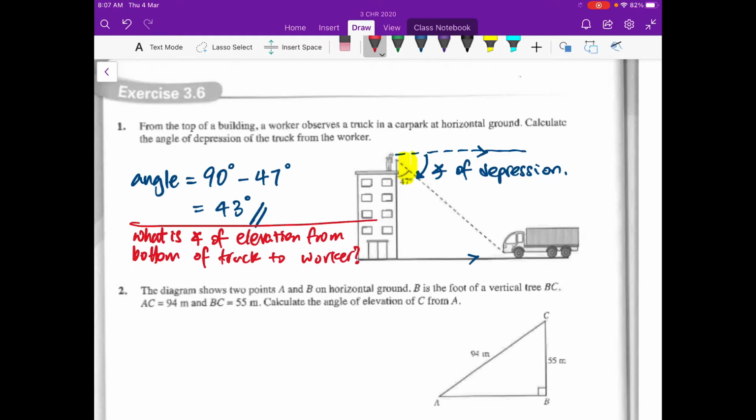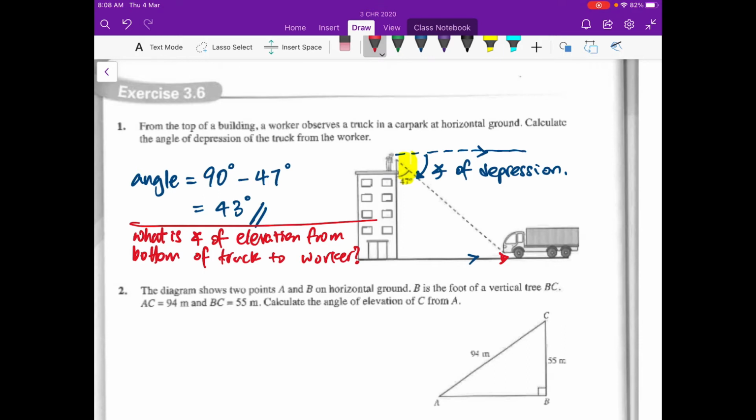Okay, so in this question that I came up with myself, I am asking what is the angle of elevation from the bottom of the truck. So pretend somebody is lying on the floor and he's looking, his eyes are over here. Okay, and he looks up at the worker. Where is the angle of elevation?